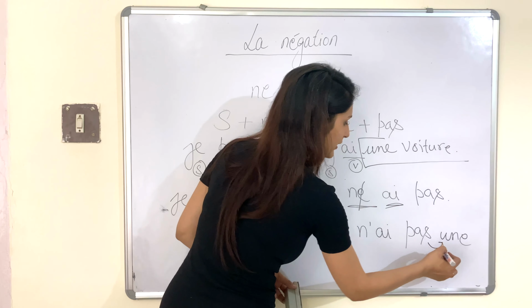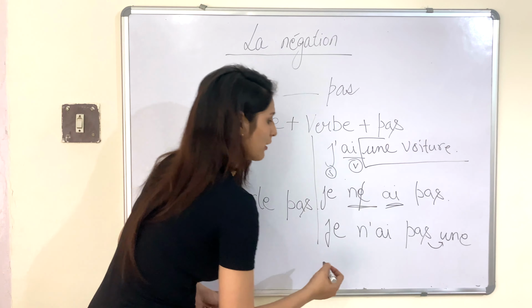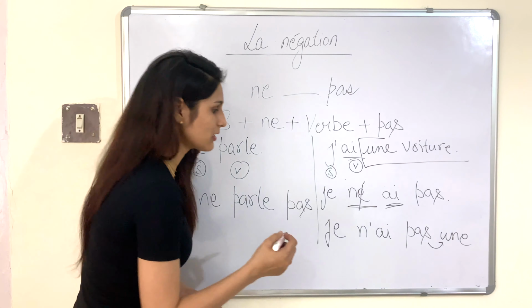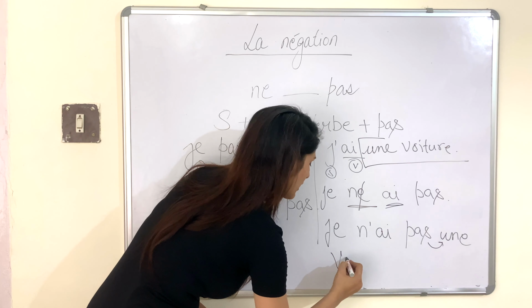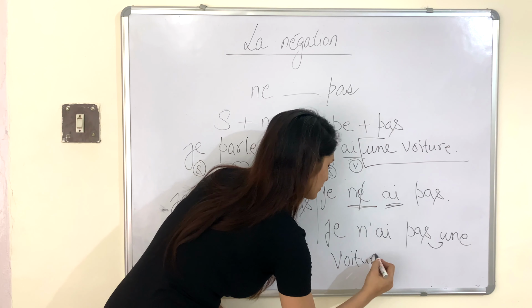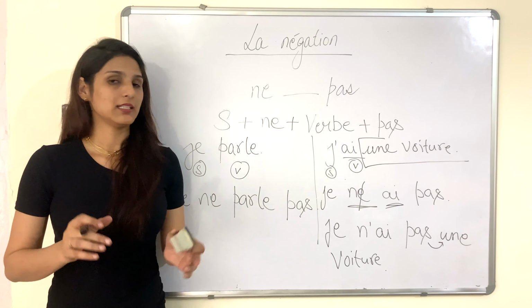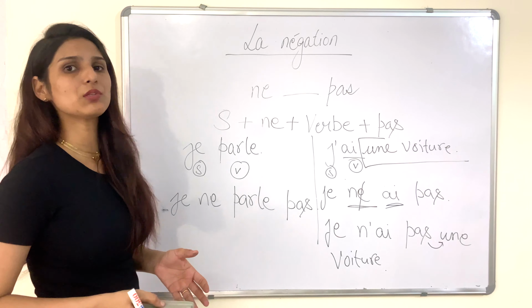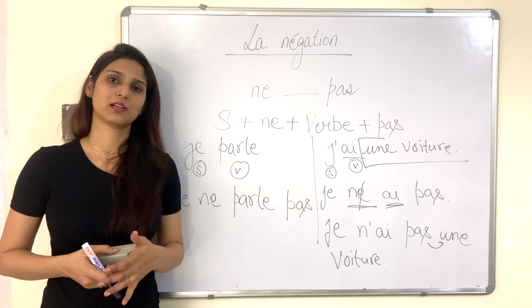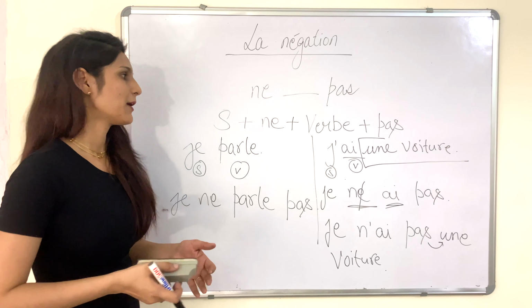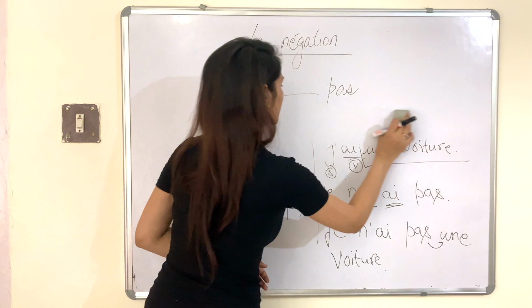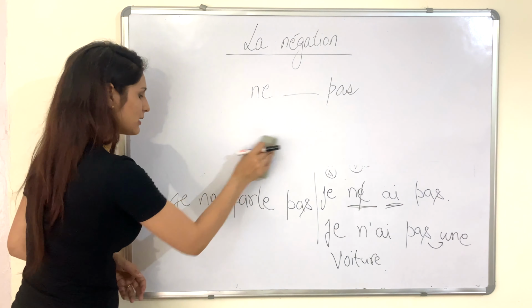I have just joined it, the liaison, because U is a vowel and S is a consonant. Je n'ai pas une voiture. So that is your correct negative sentence. All the verbs you have been practicing, try practicing their negative form also. Okay, now let's make a couple of more sentences.